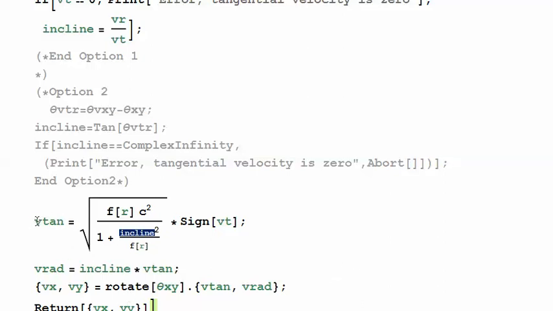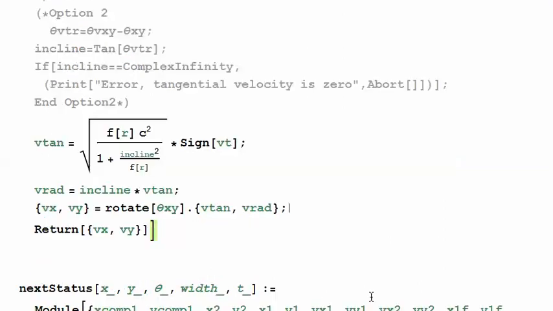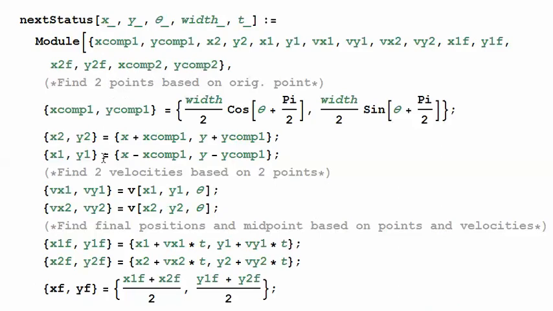Based on that incline, I could find a new tangential velocity and a new radial velocity. And then I converted that back into Cartesian coordinates, the x and y coordinates. But I did that twice, one based on x plus x component 1, y plus y component 1, and one based on x minus x component 1, y minus y component 1.